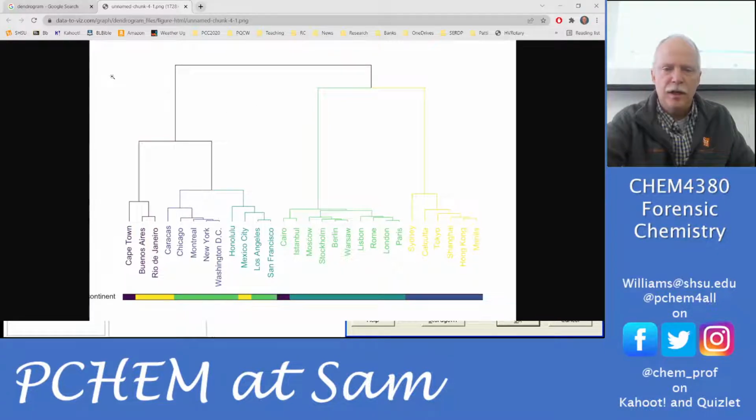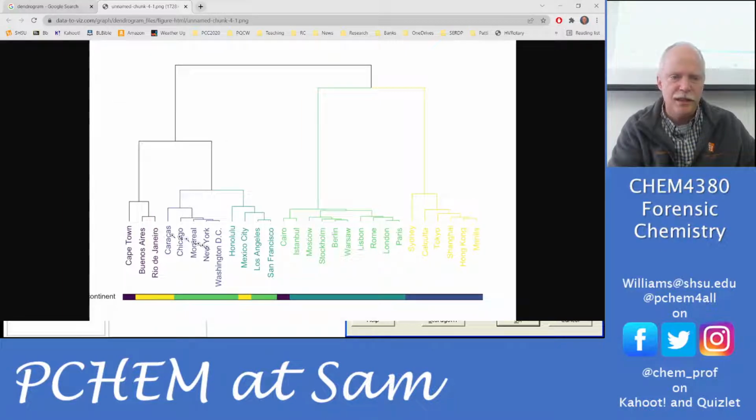Okay, so I don't know what they're actually plotting here, but we've got lots of cities. I guess it may be distance between the cities. So here, you've got Rio, Buenos Aires, Cape Town, and comparing that to Caracas, Chicago, Montreal, New York, Washington, D.C., Honolulu, Mexico City, Los Angeles, California.